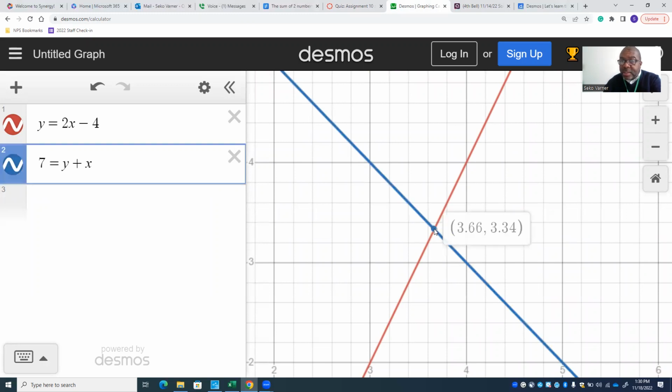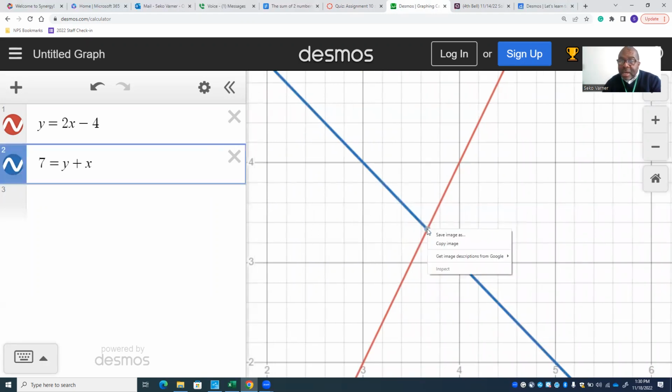And if we click here using Desmos, it gives us an answer. And it's 3.667, comma, 3.333. So the answer would be parentheses 3.667. All right, so can I copy that point? Let's see if it'll let me copy it.